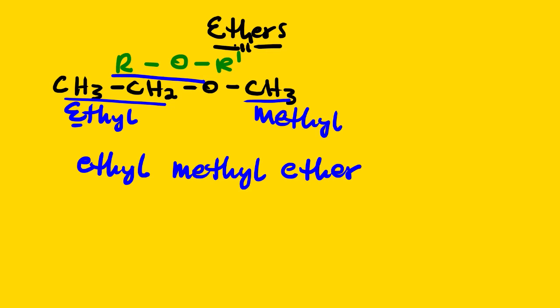And then for the IUPAC name, the smaller group becomes our alkoxy. We are comparing ethyl and methyl. Methyl is shorter than ethyl, so our methyl will be the methoxy. This is methoxy.